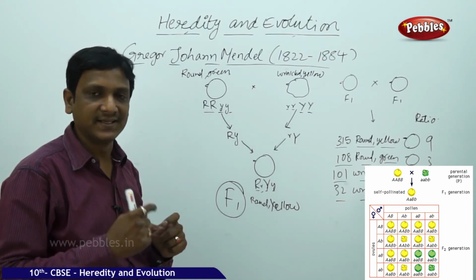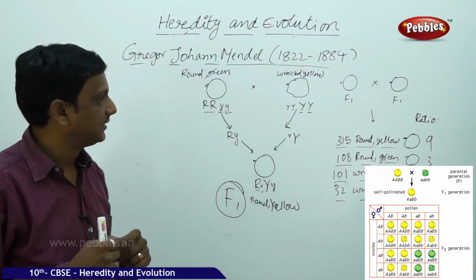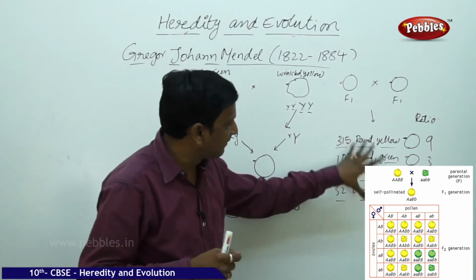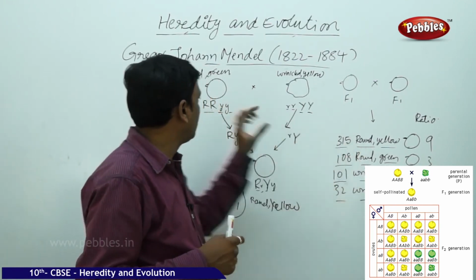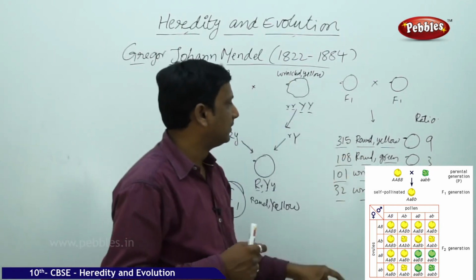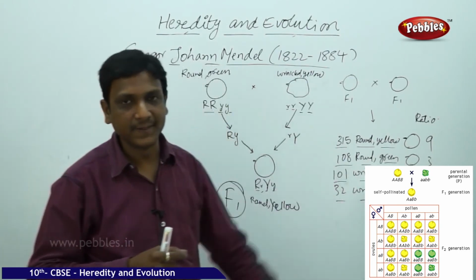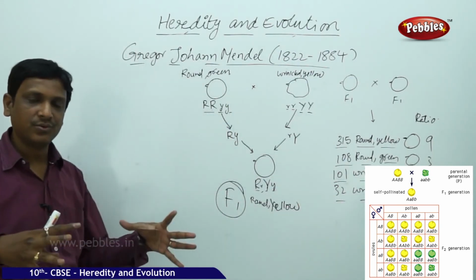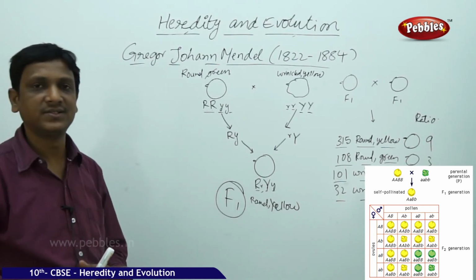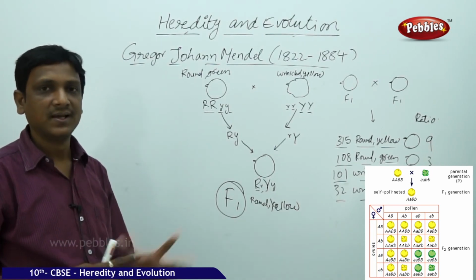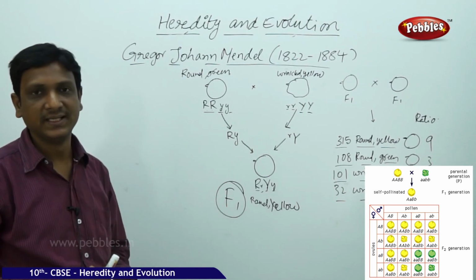The traits are independently inherited. See here, the different combinations he got. Actually, he has taken round green, wrinkled yellow, but he got round yellow, round green, wrinkled yellow, wrinkled green. So these different combinations take place because the traits are inherited individually.